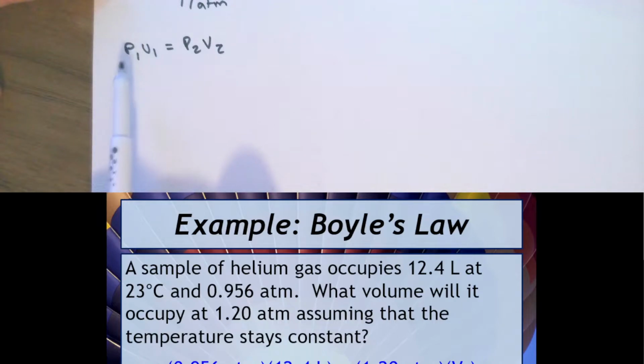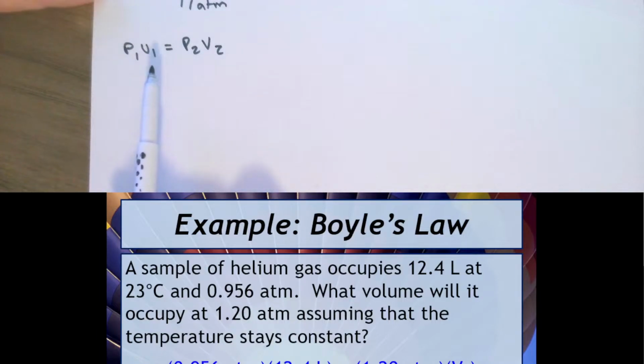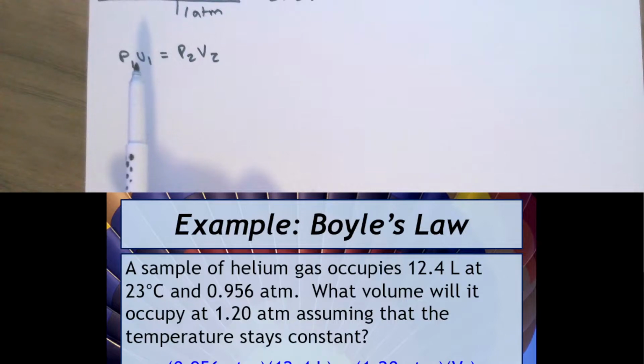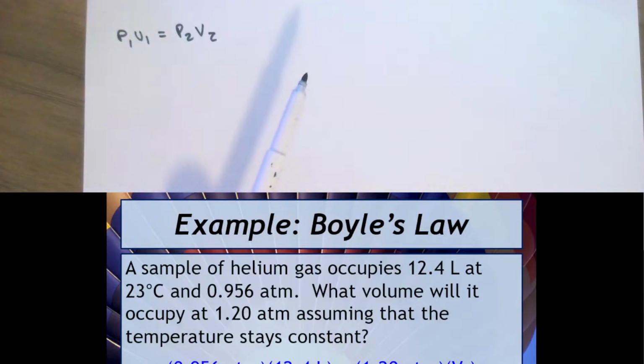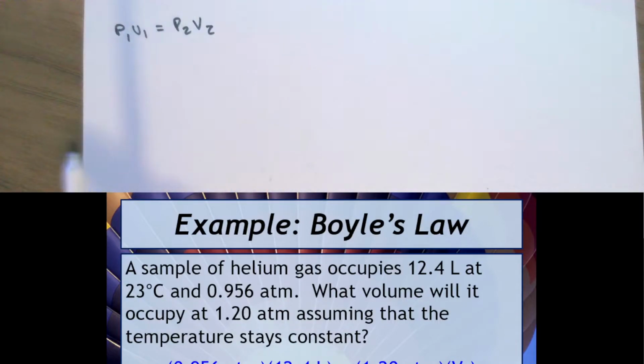So if P1's in ATM, so should P2. Now, volume will be in liters. When we talk about gases, they take up a certain amount of space. We always use liters as our main unit for that. So usually it's given to you in liters. Sometimes I could be mean and give you milliliters or decaliters or something. You have to convert it to liters, but that's basically it.